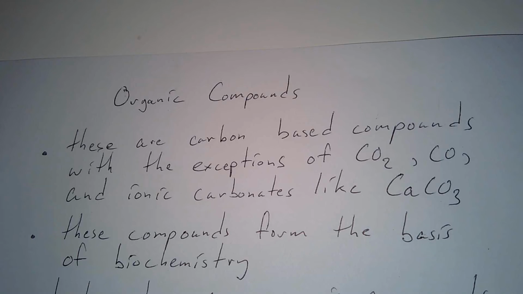It can have lots of branches, things that are attached onto it. It can have double bonds between the carbon. It can have triple bonds between the carbon, and it can have a variety of different types of groups that are attached. All those things I just finished saying can be in combination as well. And so that gives you a lot of possible compounds that can form, right? So we'll get into the different types of organic compounds.